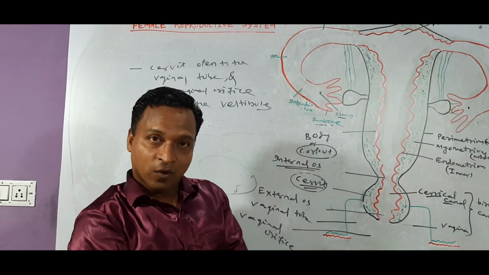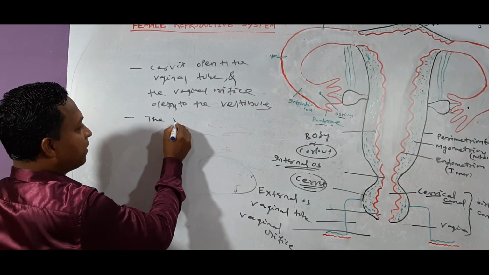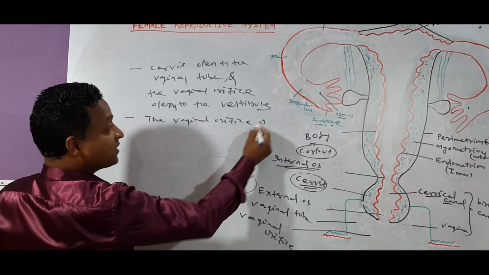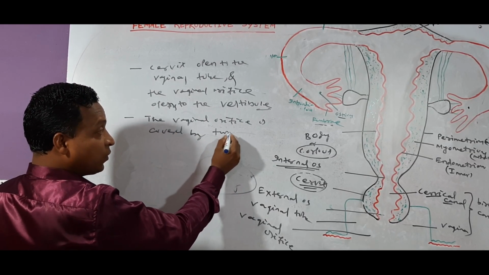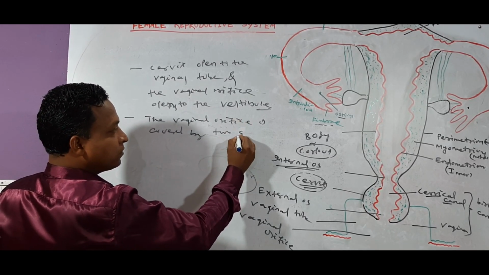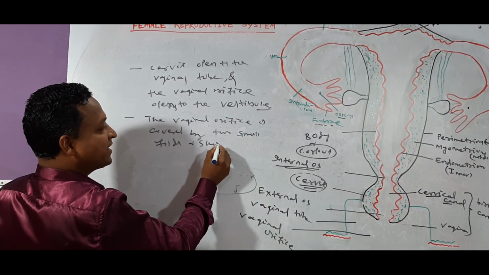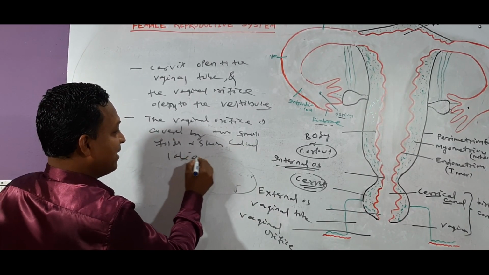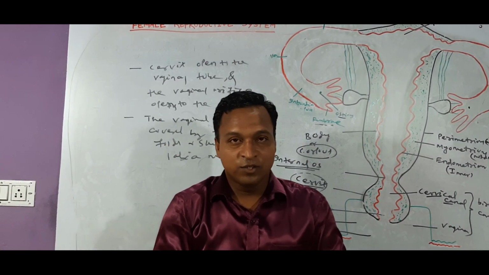Clear? Okay, and this vaginal orifice is covered by two small folds of skin called labia minora. Let us recap.